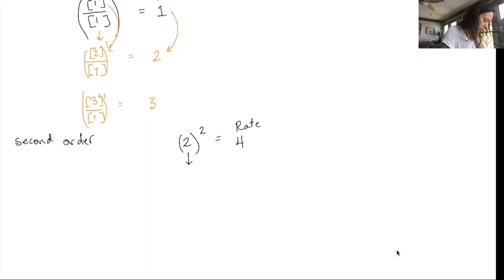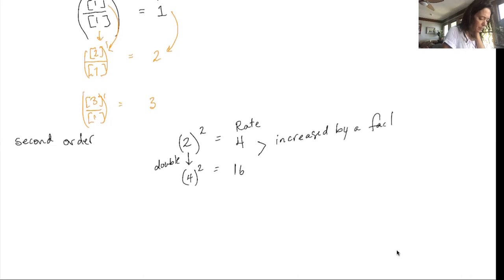Let's double this to 4 squared because it's second order, 16. So we increased by a factor of 4. So that when the concentration is doubled, the rate is increased by the factor of 4.